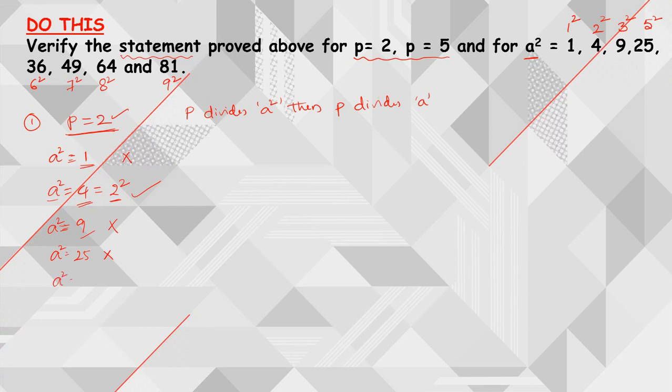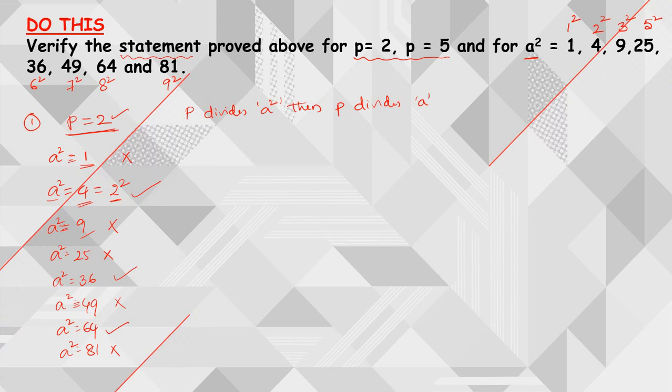Next, if a square is equal to 36, this will satisfy: 2 divides 36, then 2 divides 6 also, right? Next, if a square is equal to 49, 2 won't divide a square, so clearly 2 won't divide 7 also. Next, if a square is equal to 64, it divides. Next, if a square is equal to 81, it won't divide.